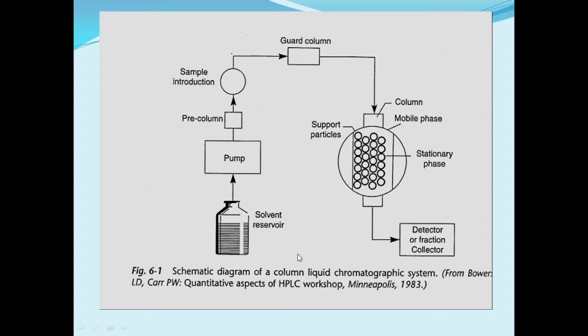Here we have solvent reservoir, pump, pre-column, sample introduction, guard column. This is the mobile phase, support particles, column, and this is the stationary phase, and lastly detector or fraction collector.